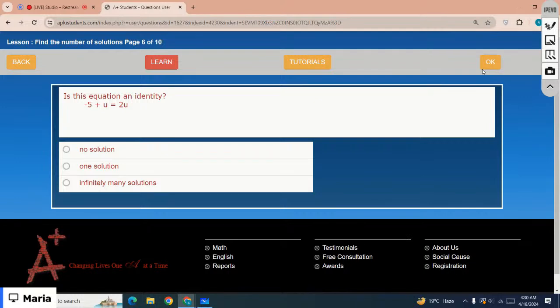The correct option is one solution, right?